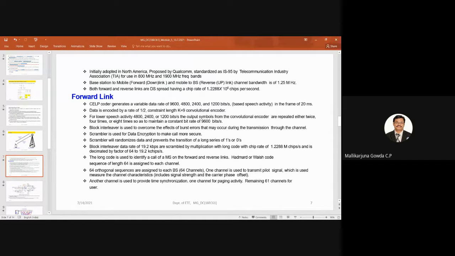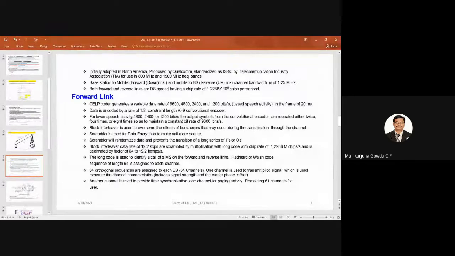And I said base station to mobile, that link is known as the forward link, right? And that forward link is also known as the downlink. From mobile station to base station, we call that the reverse link, also known as the uplink.